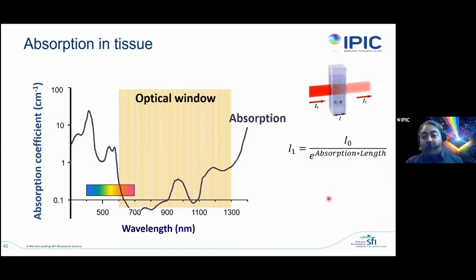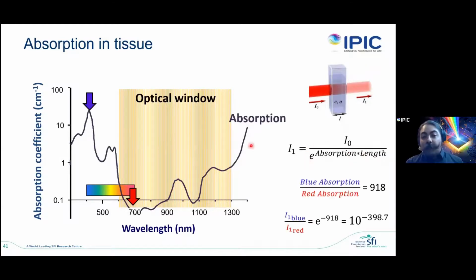In this case, just think about 1 centimeter of tissue, and if you take the absorption from the blue at 400 nanometers and red at 700, you can see that we have almost 1,000 times more absorption in the blue region. Now, if you want to know the attenuated intensity of the blue relative to red, you calculate that with the exponential just above.